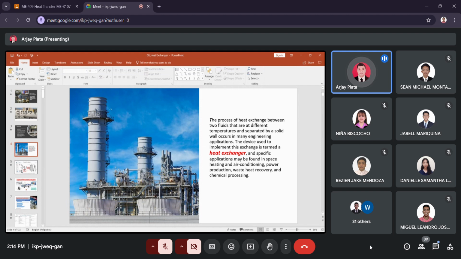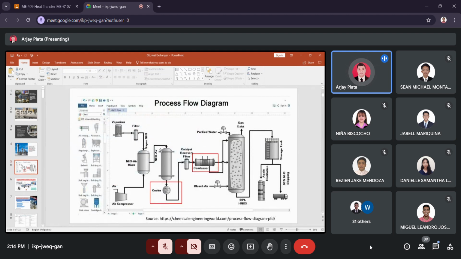As you can see here, we have a process flow diagram. We have a condenser and then a cooler. Let's say the working fluid here is ammonia.